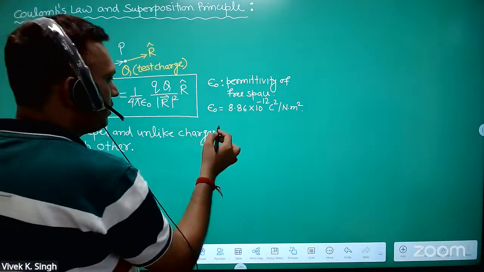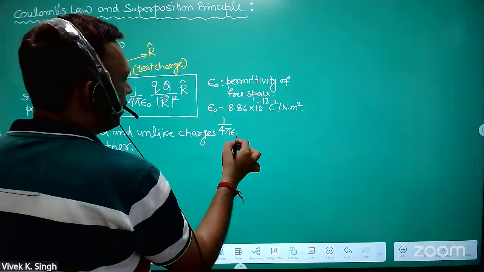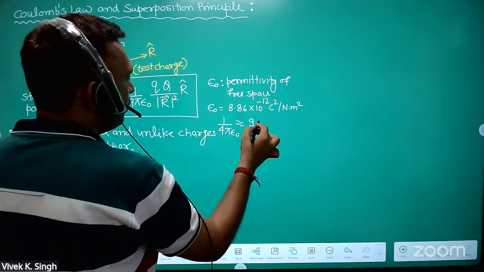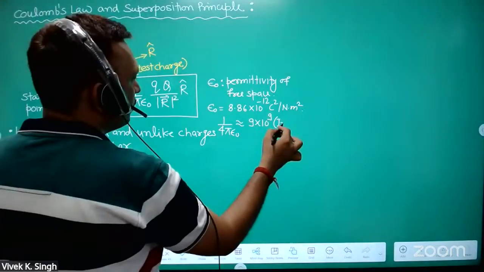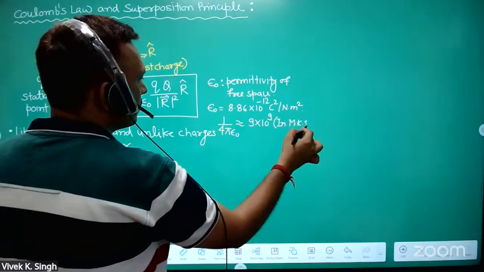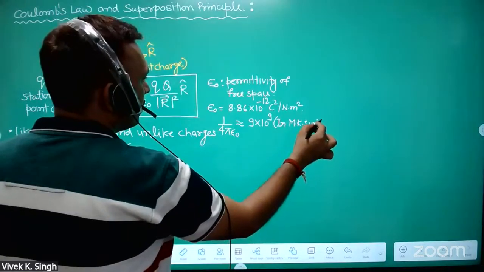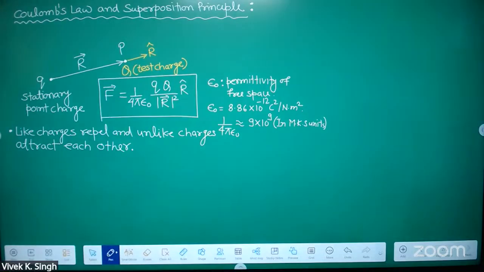And for calculation purposes, we can take 1 by 4 pi epsilon naught as approximately 9 into 10 to power 9 in MKS unit. Okay? So this is the force experienced by the test charge q.